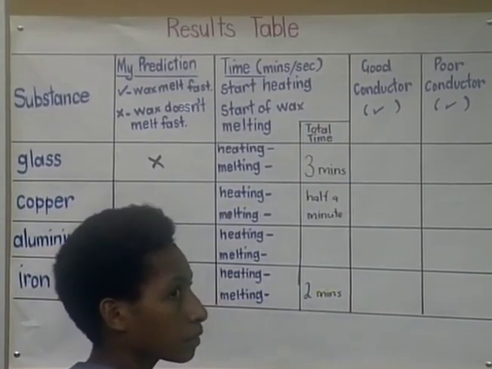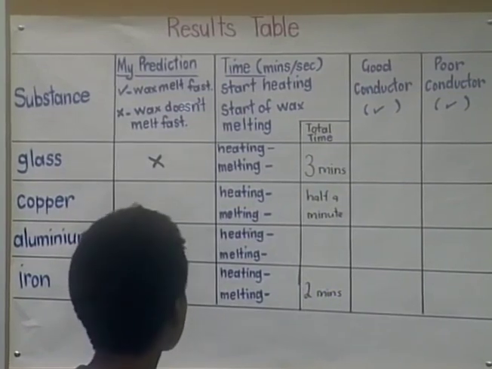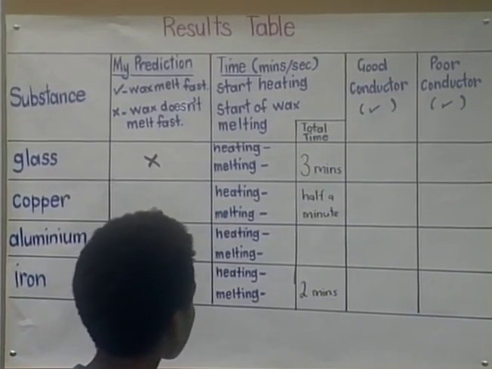Diane, you will have to fill the other columns too, where it says predictions. Oh, sorry, we've already done that. The good conductor and poor conductor columns.